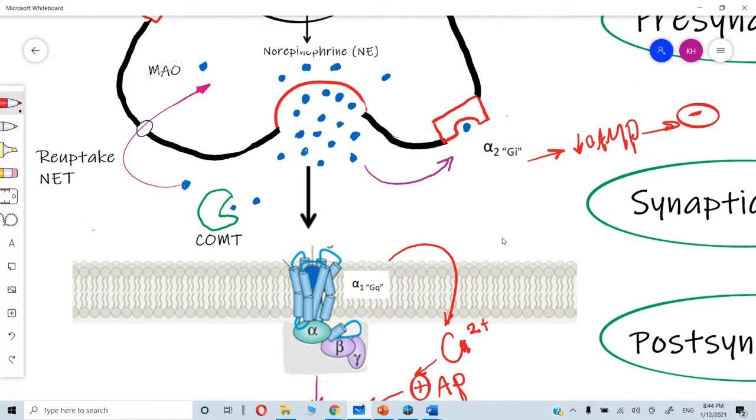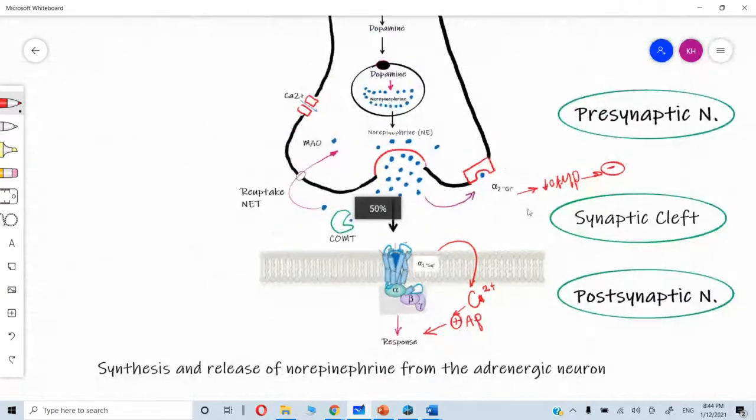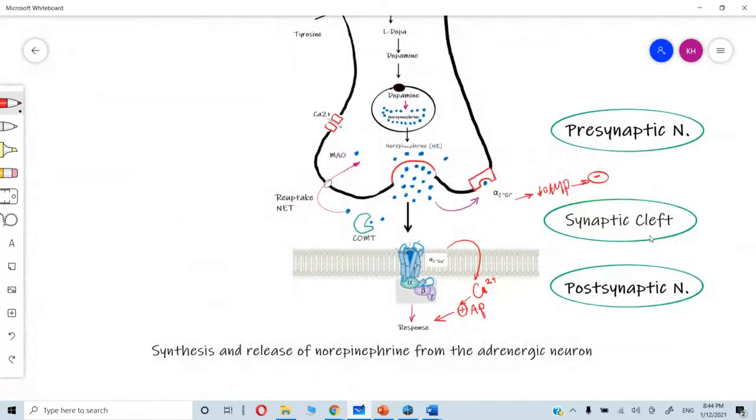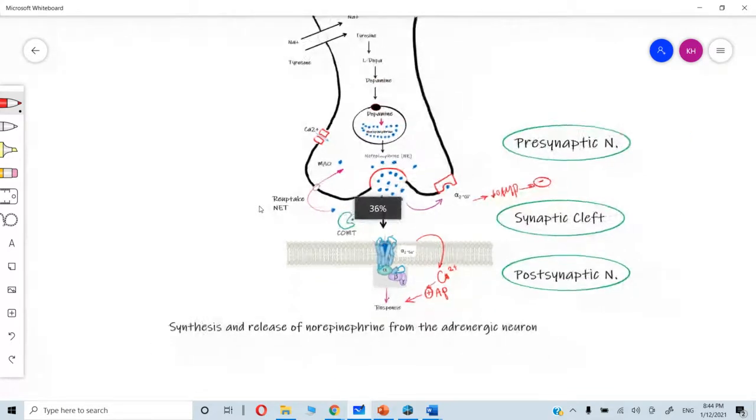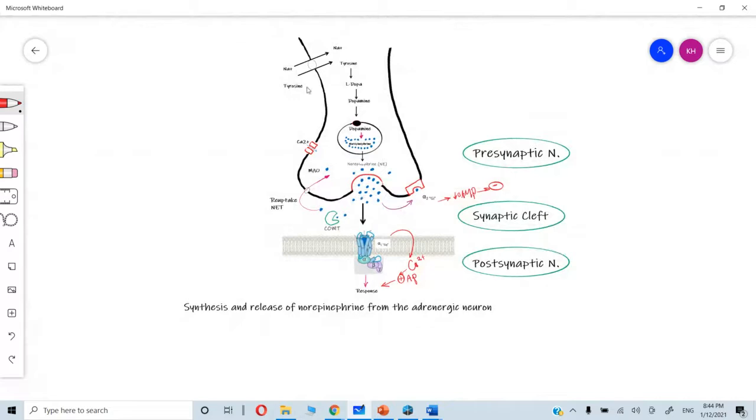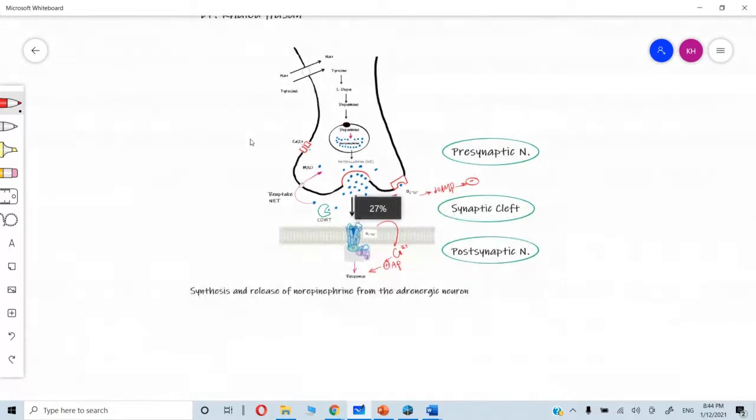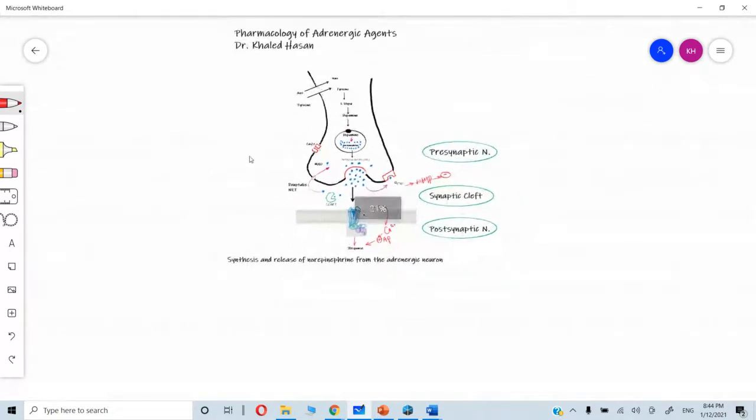Now we can move a little bit. To remember, we have three main parts in the synthesis and release of norepinephrine from the adrenergic neuron: the presynaptic neuron, the synaptic cleft, and the postsynaptic cleft. What about our medications? Where are the sites of medication action? The medications affect the synthesis, release, and reuptake of the neurotransmitters.